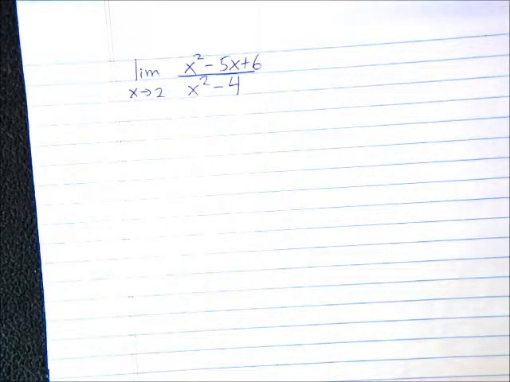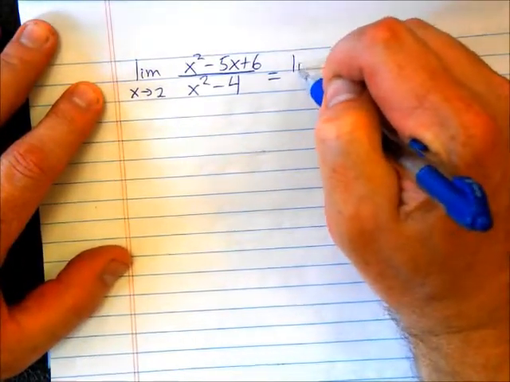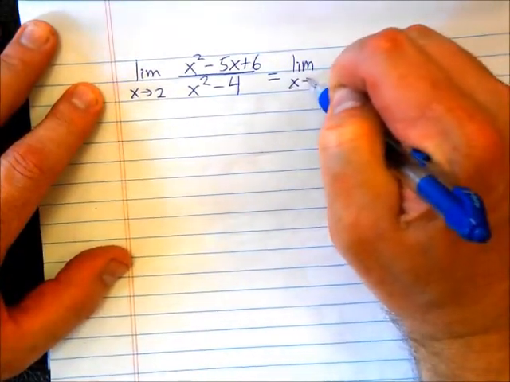So what kind of algebra are we going to do? Reverse FOIL, and then you also have the difference of squares on the bottom. So the proper name for both of those things is factor. So we're going to factor the top, we're going to factor the bottom, and we're going to hope that we can reduce. All right, so we write down limit as x approaches 2.